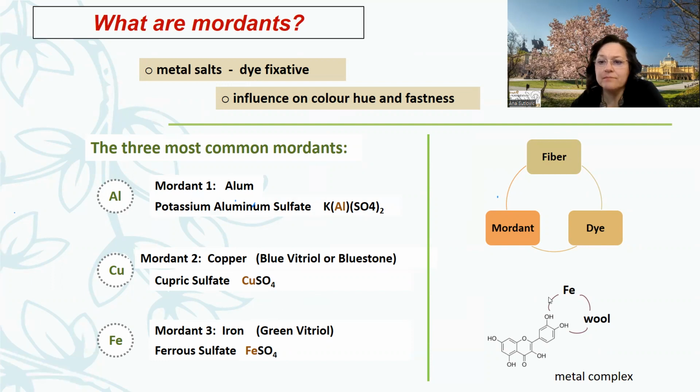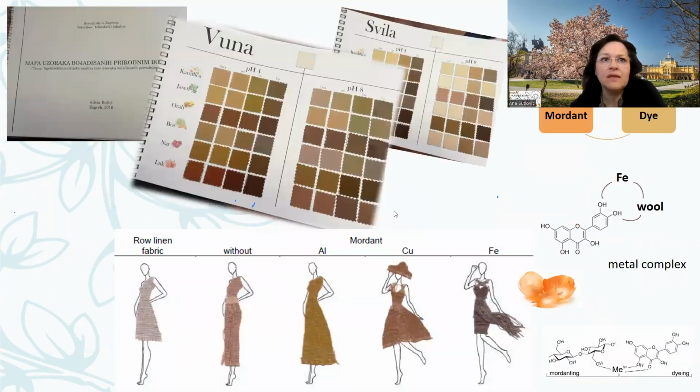These metals with fiber and with dye create differently colored metal complexes. In this example, we can see how with the same plant, for example, onion peel, and different mordants, we can achieve a wonderful palette of tones.